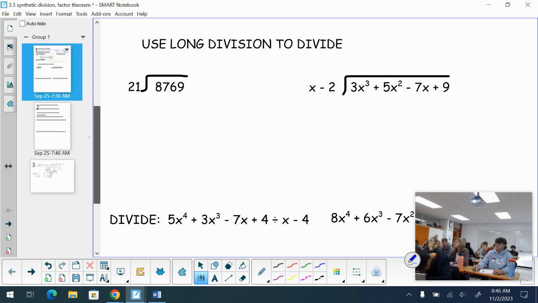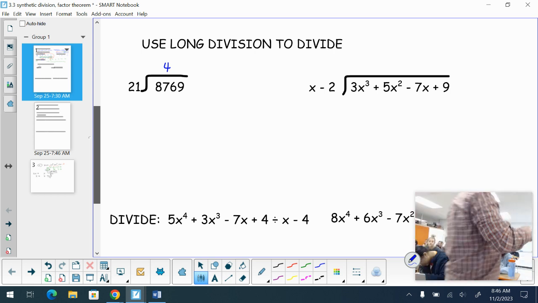Did that work? Can't do it. So we had to take the 21 and divide it into the 87. How many times does 21 go into 87, Caitlin? 4 times. So we put our 4 up here. Once we threw our 4 up there, everyone, what did we do?